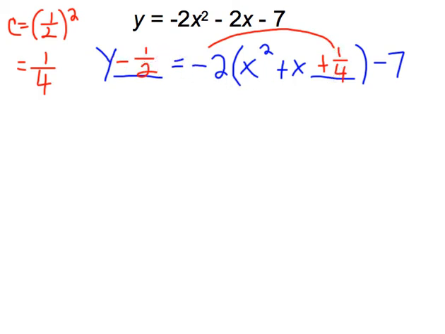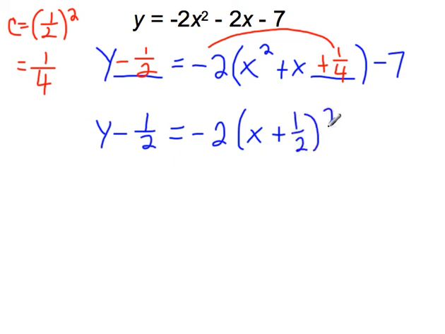Now I'm going to go ahead and write as a binomial squared. I'm going to bring down y minus 1/2. That equals -2 times x, and then remember it's half of b, so it'll be plus 1/2 squared, or again, think about what we had in the parentheses before we squared it. That's what goes here.